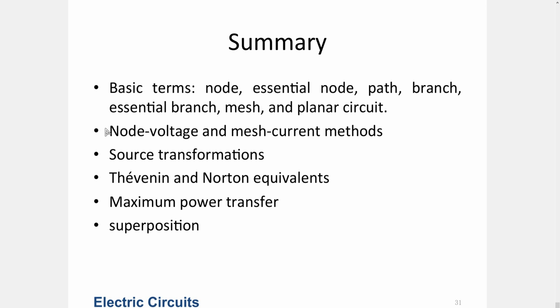There's another concept called superposition, which I'm not a big fan of, because it's just a standard application of linear time invariant system theory. You can take a look at it in the book chapter, because it requires the solution of the same circuit many times.